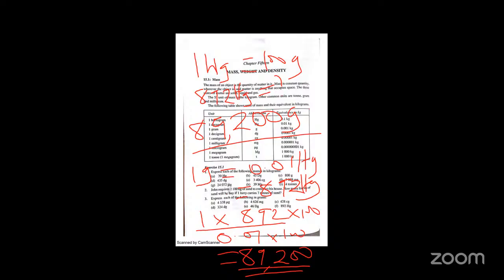Or the other way you can do it, if you feel you cannot manipulate these units the way you need them, is to convert to the standard or SI unit. Then from there you can convert back to the common unit.